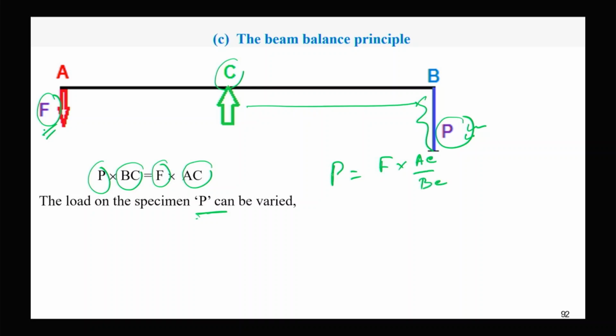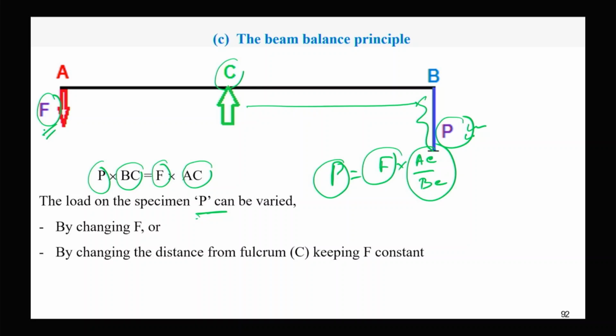This P can be changed by changing the force, or by changing the length parameter, that is the distance from the fulcrum point. At the center point, F will be equal to P.